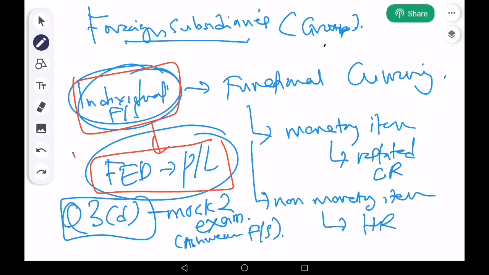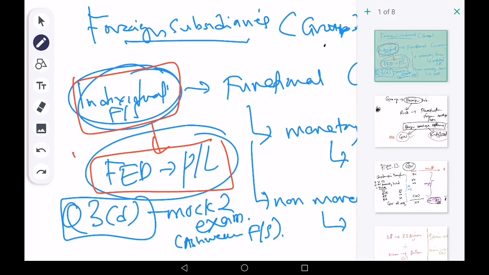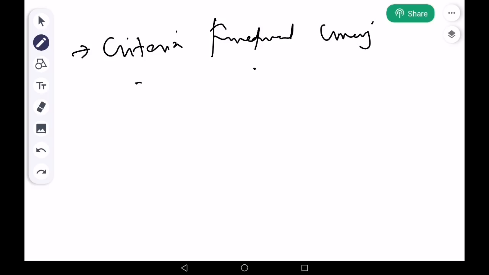Okay, so class, don't forget, as mentioned just now, please understand the criteria of functional currency, 3 plus 2 plus 4.